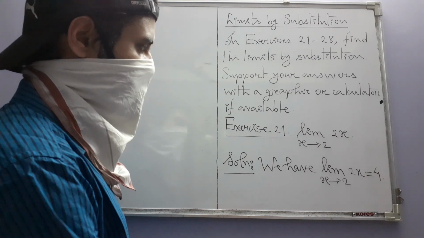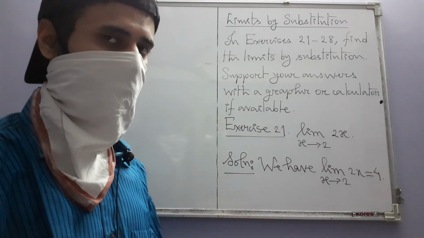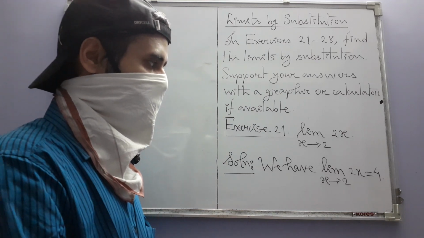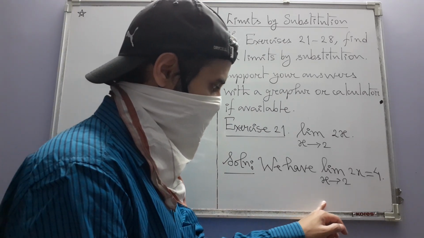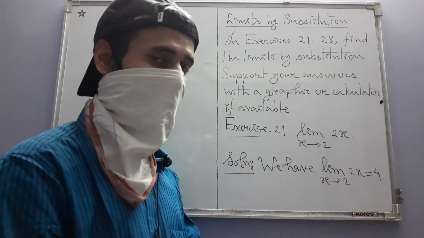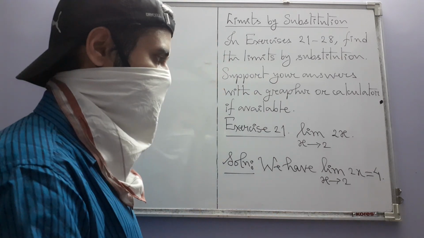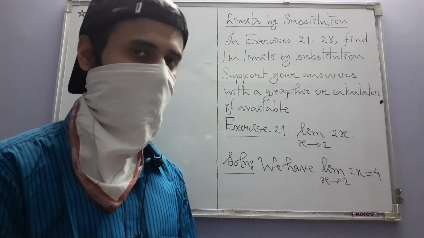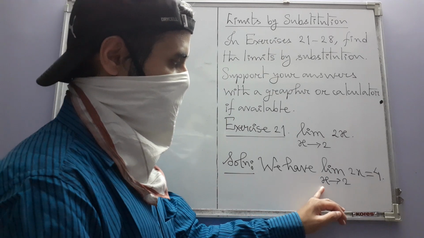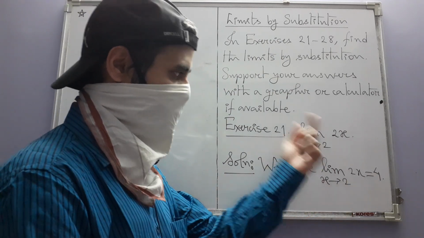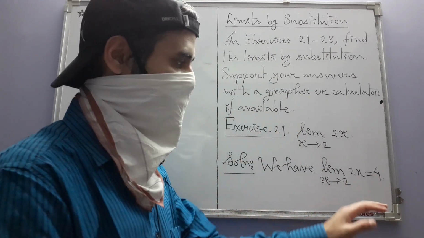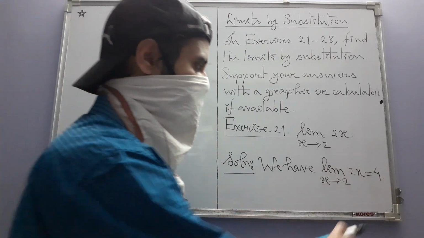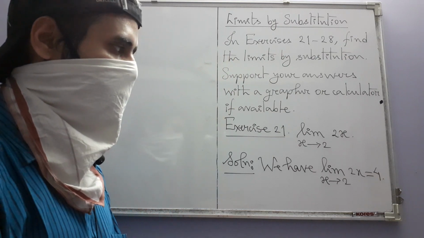Okay. Now before we go to exercise 22, let me address one issue. You see, when we encounter limits and start calculating limits of functions, we do see this kind of thing only. That is, we substitute this value itself in the function and we somehow convince ourselves that this is the limit.